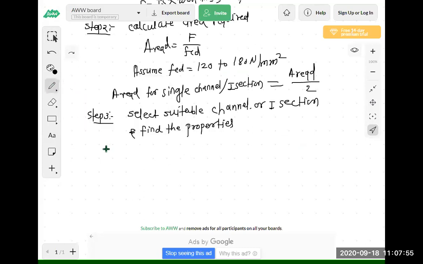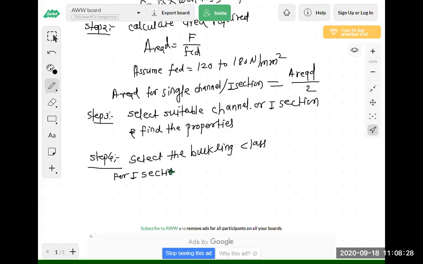Now step number 4. Select the buckling class. Now how we are selecting the buckling class for I section and for channel section, that we have written in the last procedure. So for I section, how are we selecting the buckling class?